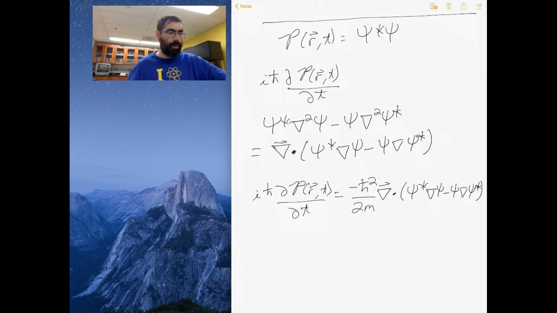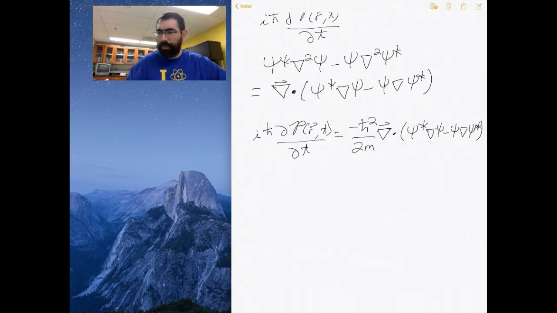Actually, before I go a little bit further, I'm going to divide both sides by i h bar just to get the derivative with respect to time by itself. That gets rid of one of my h bars, and I put an i in the denominator.